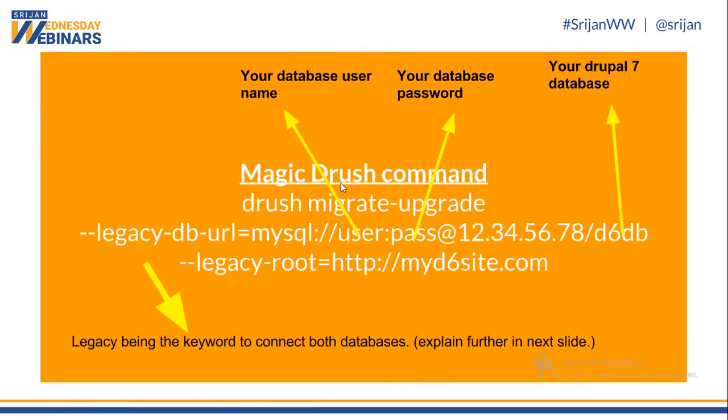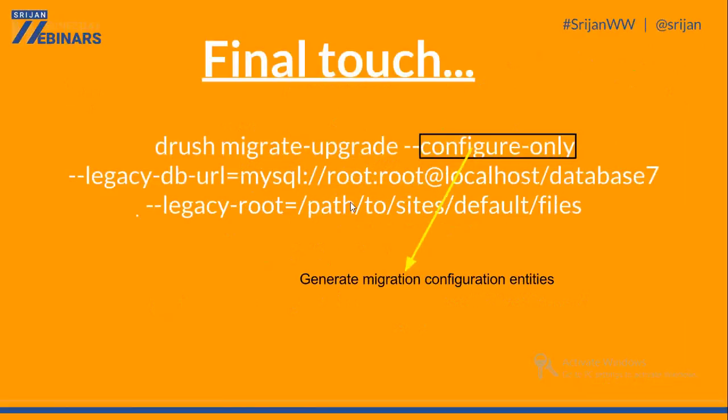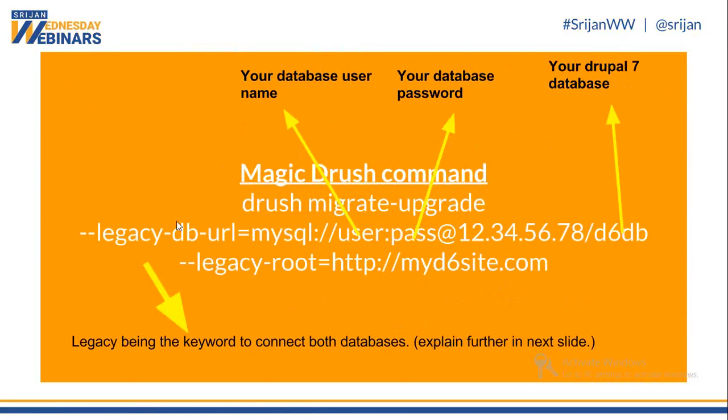So let me explain this drush command that will import your content. So drush migrate-upgrade. Migrate upgrade comes from the Drupal 8 core migrate API. So once you use the migrate API, then this is legacy. Legacy is the bridge you have used for connecting D7 to D8.